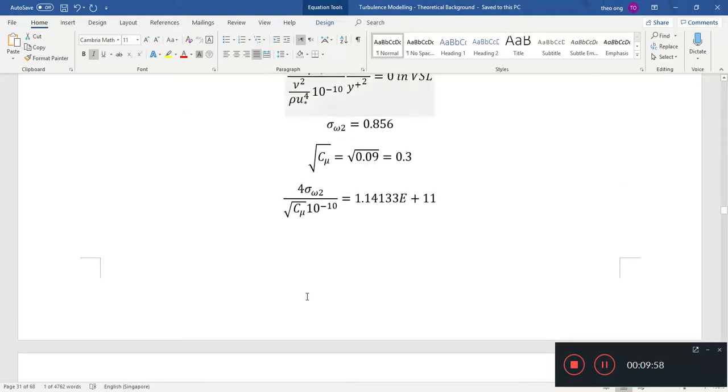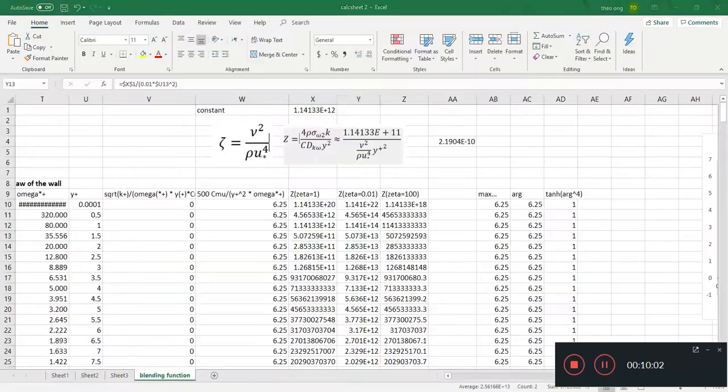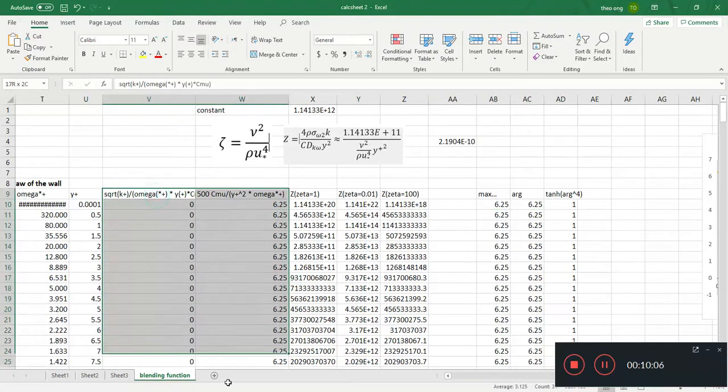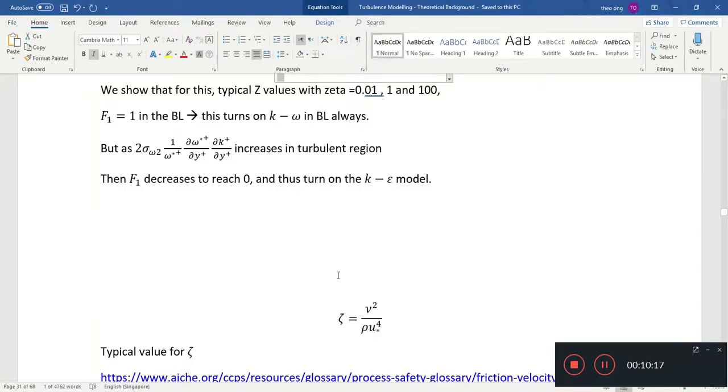So if the z value is very, very big in the boundary layer, for sure we will be using these two terms over here, and your hyperbolic tangent argument will equal 1. That means your F1 will equal 1, which means that your K omega model will activate.